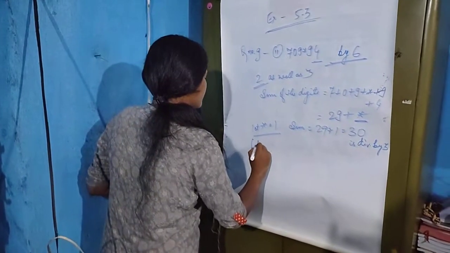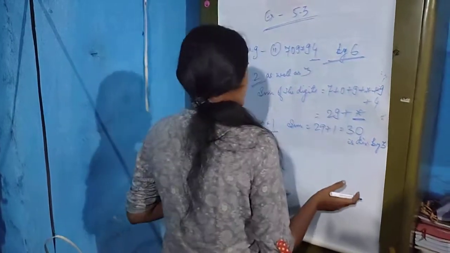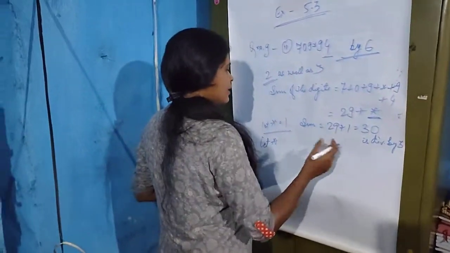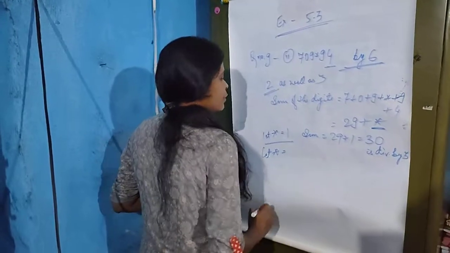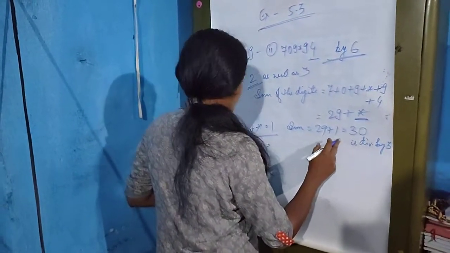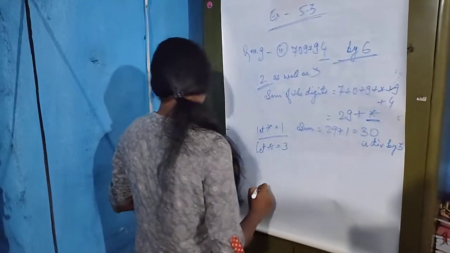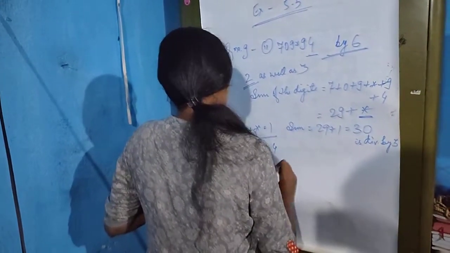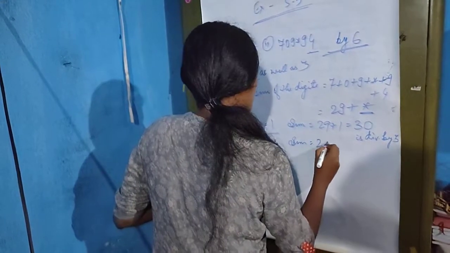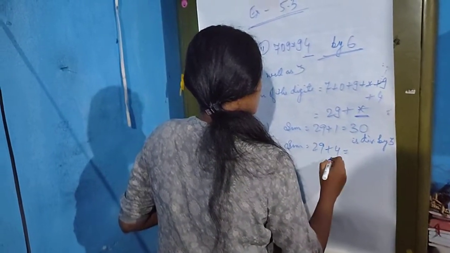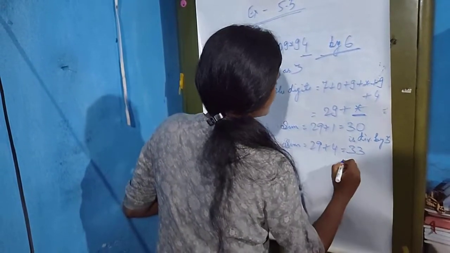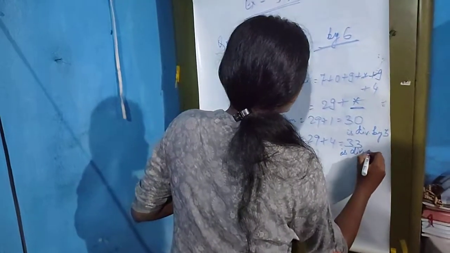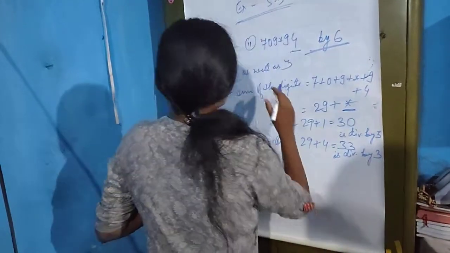Proceed further. What else can you take here other than 1 so that the number is divisible by 3? If you take star equal to 4, then the sum is 29 plus 4, that is 33, and 33 is also divisible by 3. That means both conditions are fulfilled.